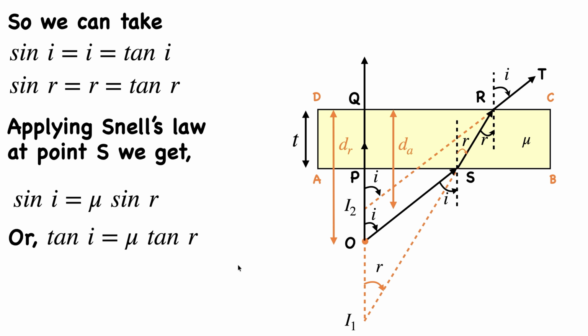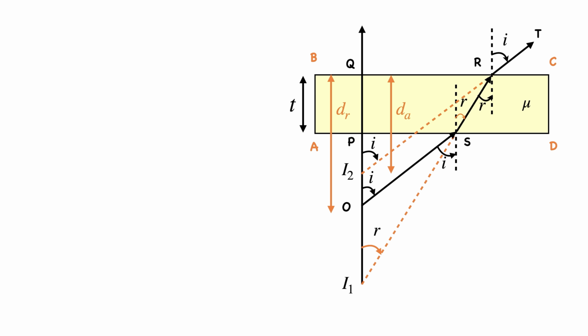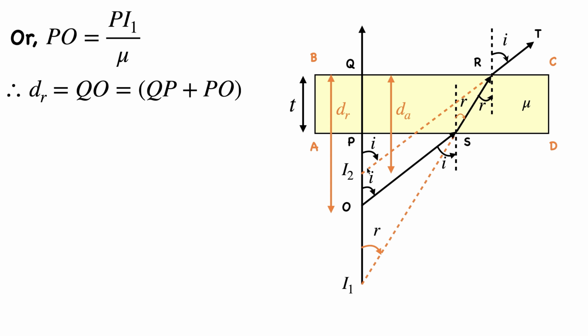Now tan I is equal to PS by PO, and tan R is equal to PS by PI1, which gives us PO equals PI1 by mu. The real depth dr is equal to QO, which is QP plus PO, and QP is equal to T, the thickness of the glass slab. So we have dr equals T plus PI1 by mu.